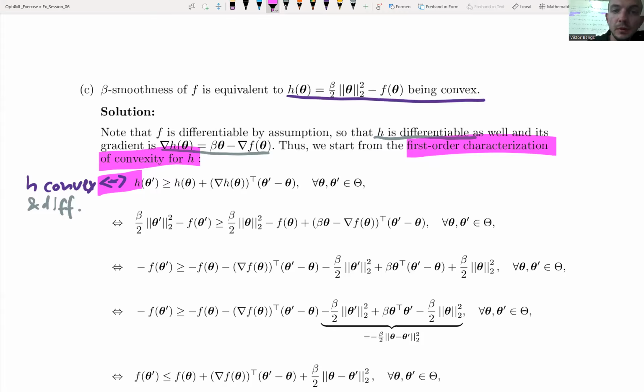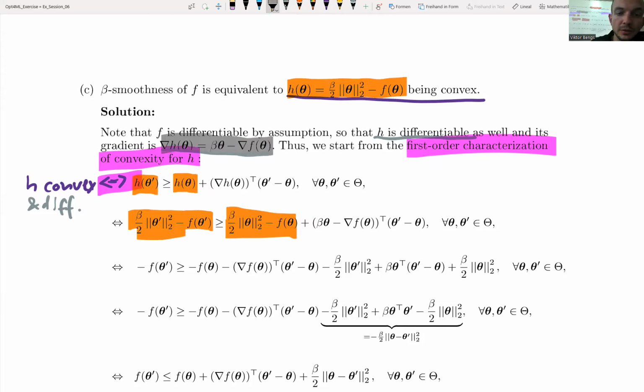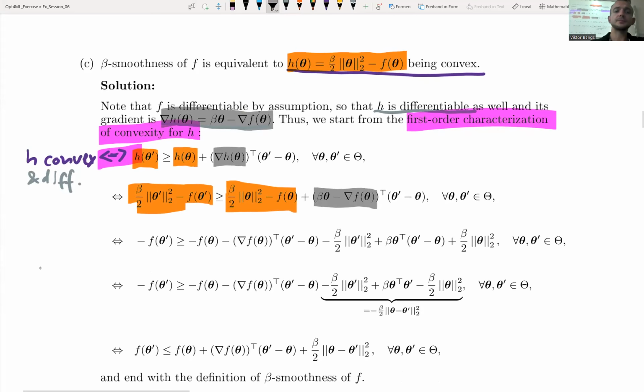Now we plug in definitions again. So this here is exactly this. This here is exactly this. And finally, we also use our gradient we have computed, namely that this thing here is this. Now we rearrange a bit these things.